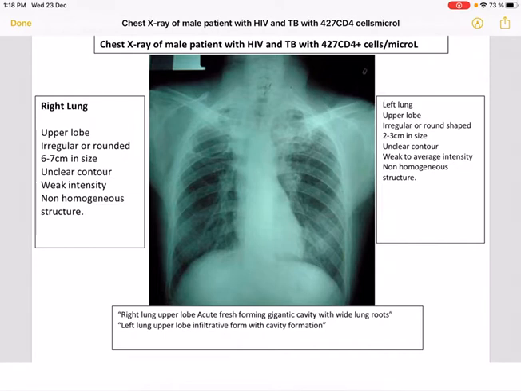Why is it important to check whether the person has TB or not in a patient especially suffering from HIV?